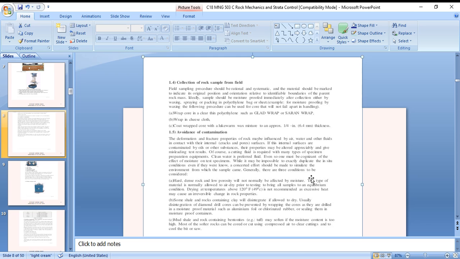Mud, shale, and rock containing vegetation may have moisture content that is too high. Most of the softer rocks can be cleaned using compressed air to clear the cuttings and cool the bit.